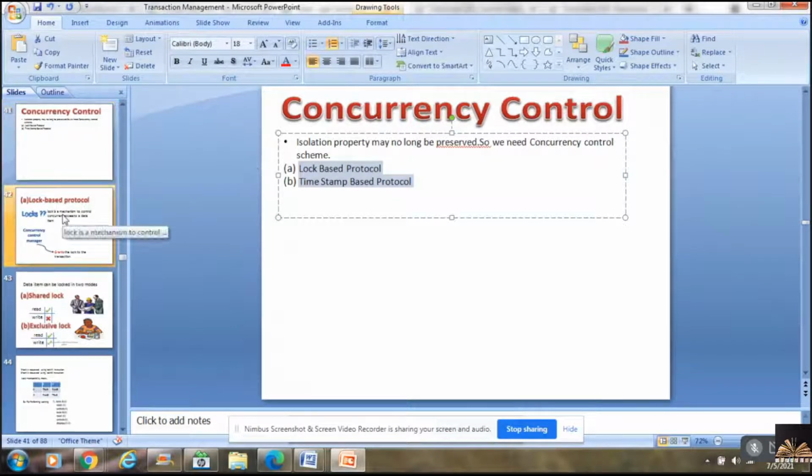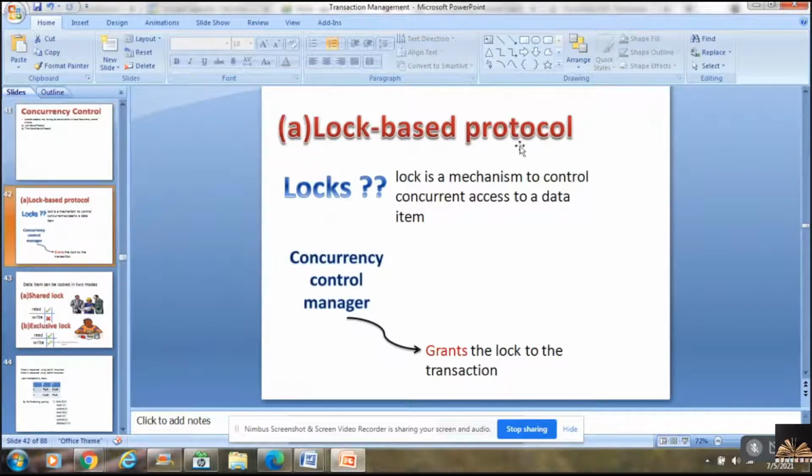Okay, so talking about lock-based protocol, a lock is a mechanism to control concurrent access to a data item. So I told you what would be the advantage of using a lock in the previous class. And there's something called the concurrency control manager, which grants the lock to a transaction.